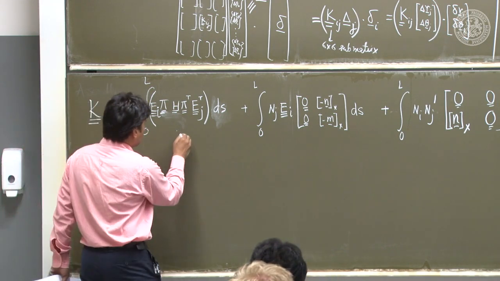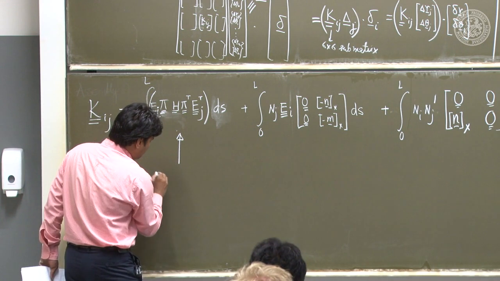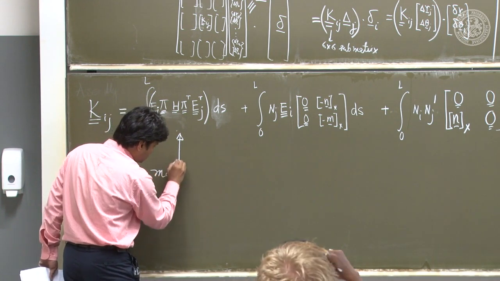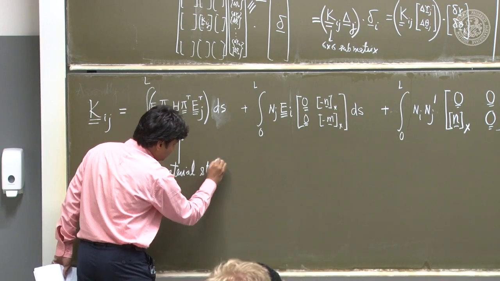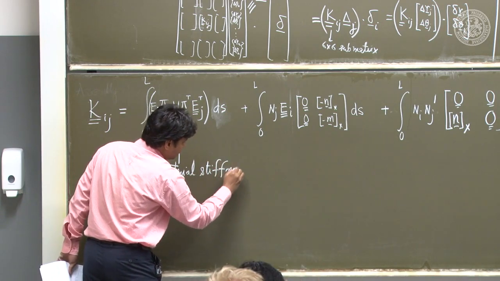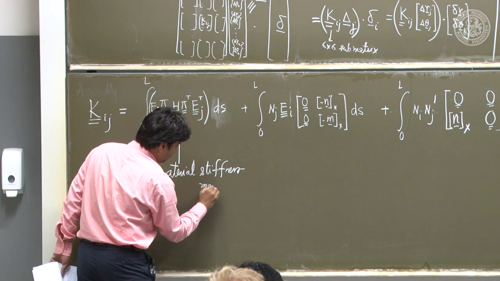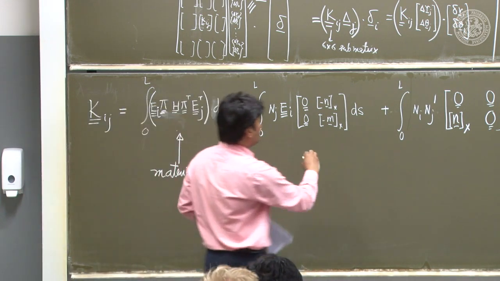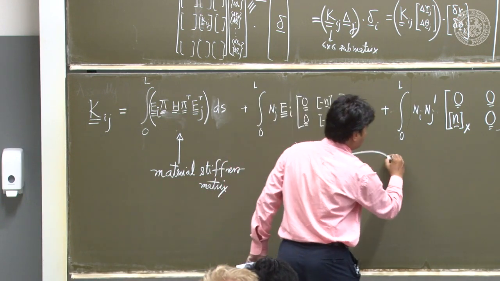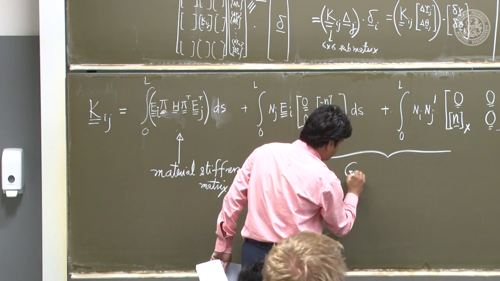So this term looks symmetric, right? And that is called the material stiffness part, material stiffness matrix, you can say. And this is your contribution to the geometric stiffness matrix.